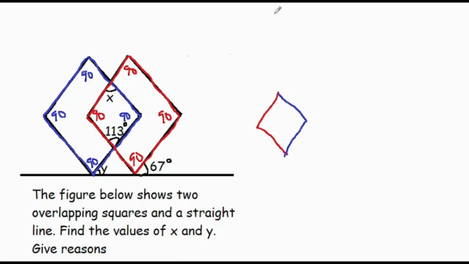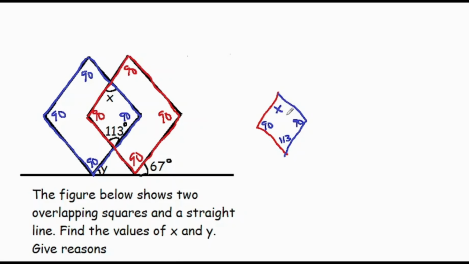So this is the first angle, which is x. We have x here, we have 90, another 90, and we have 113. Now I've drawn out the shape at the center, and each of the vertices shows the angles.